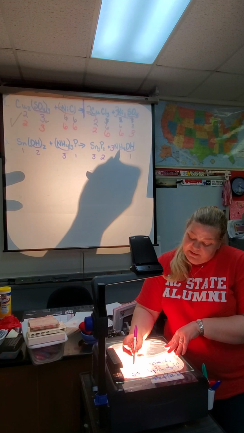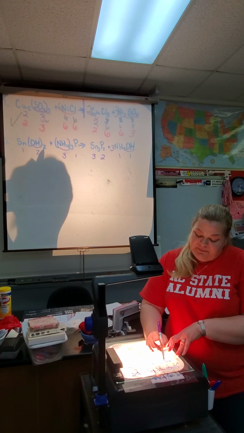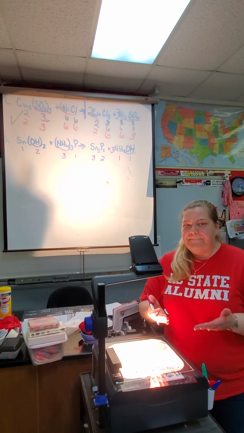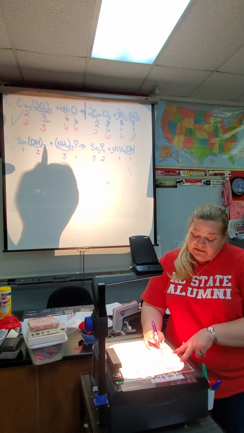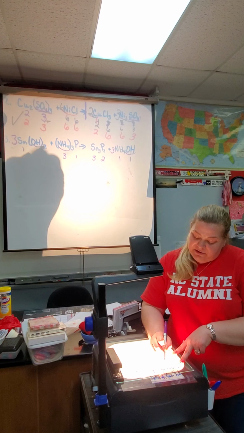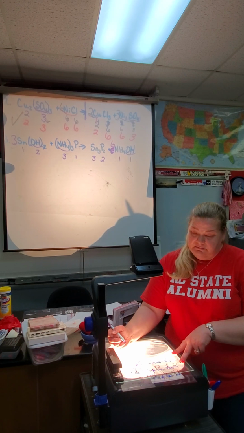That gives you 3 ammoniums, 3 hydroxides. But I have 2 here. So how do you make a 2 and a 3 equal? Bump it up to 6. So I'll have to put a 3 here, which then goes back and changes that to a 6.